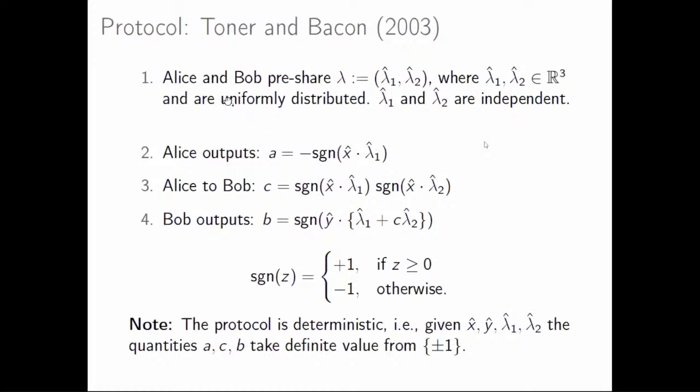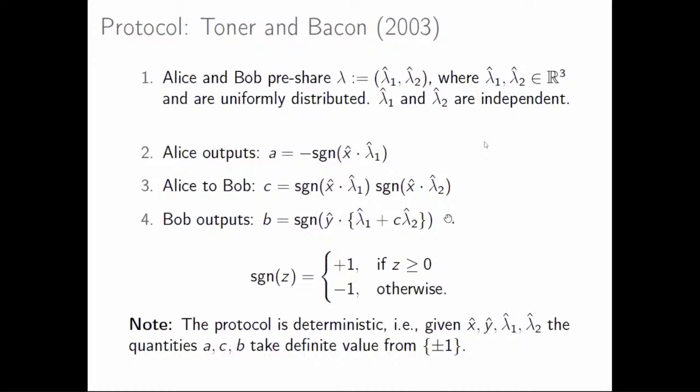The protocol goes like this: Alice and Bob pre-share a lambda, which is basically a pair of unit vectors in R3, uniformly distributed on a unit sphere, and lambda 1 and lambda 2 are independent.